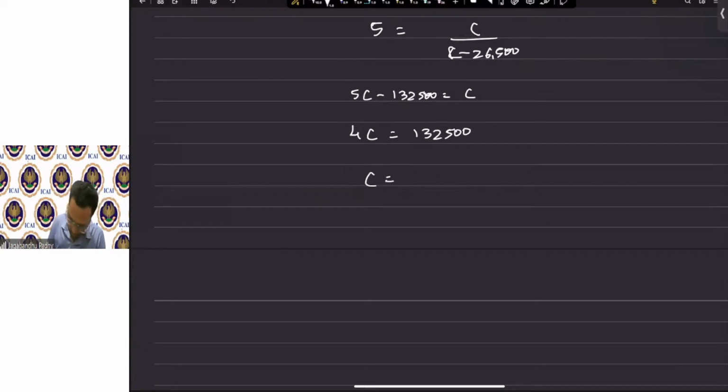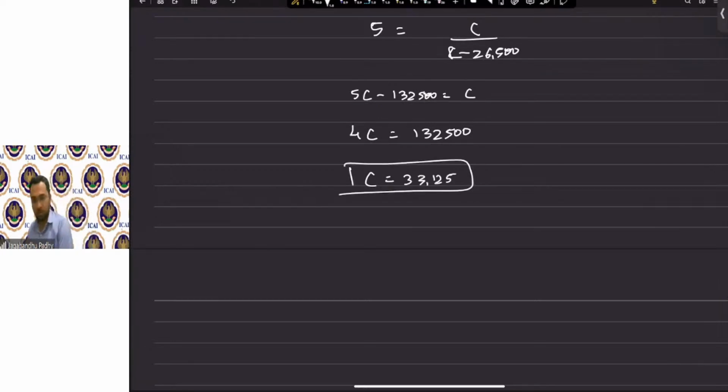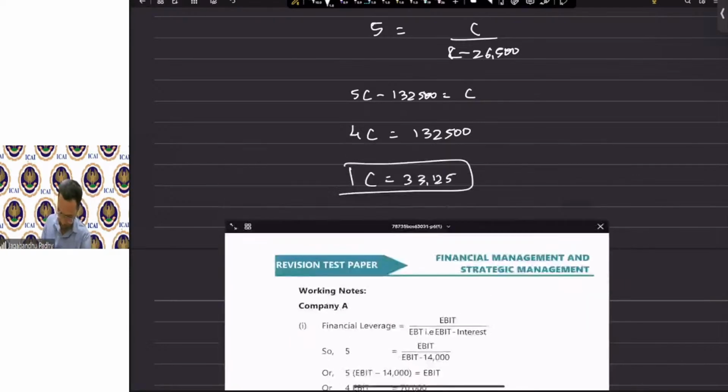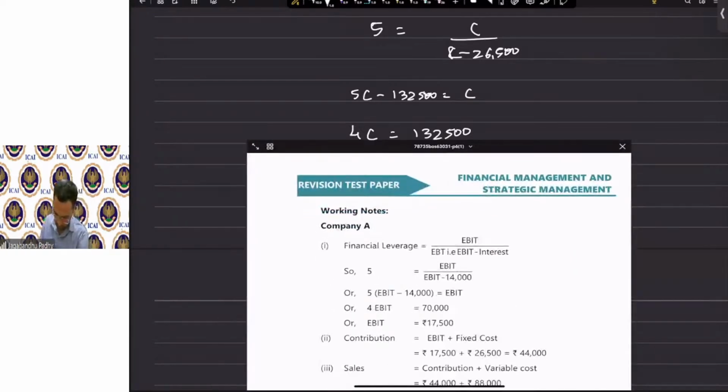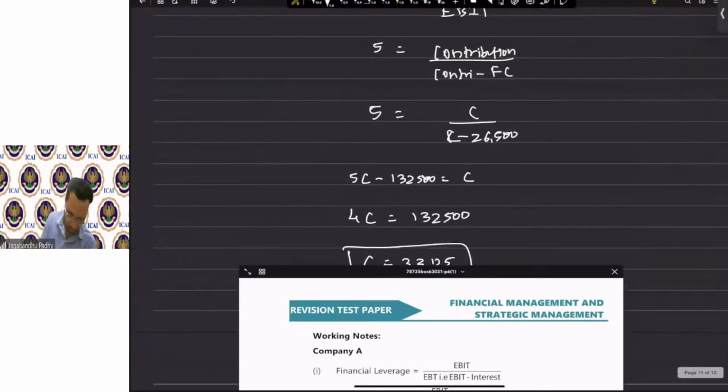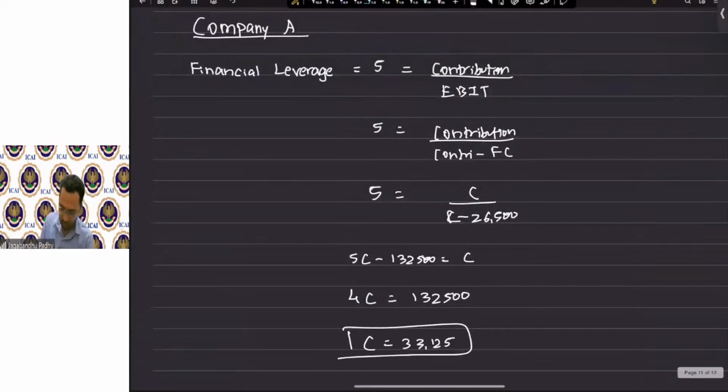We get the contribution divided by 4, which is 33,125. Right? So we get a contribution of... this is the problem. Interest is... oh, my bad. I took a wrong formula, my bad.